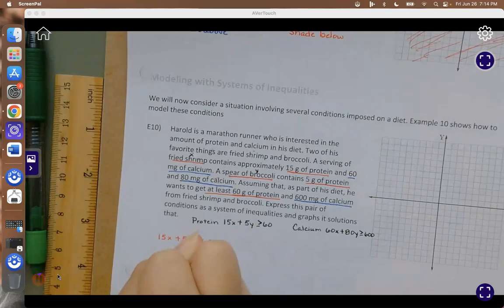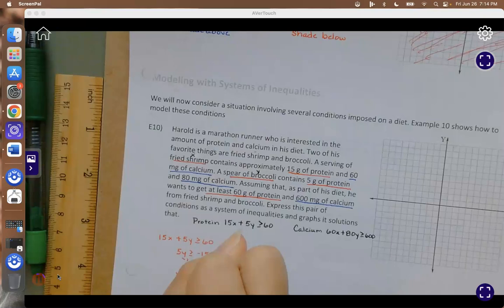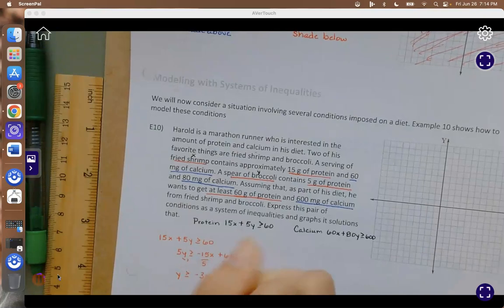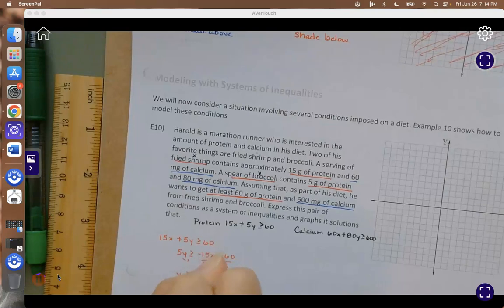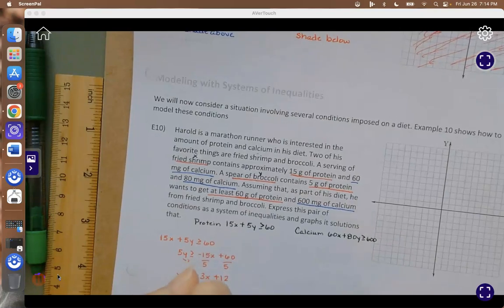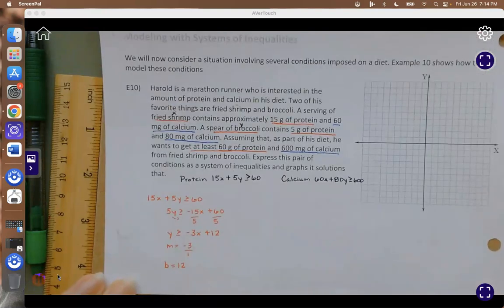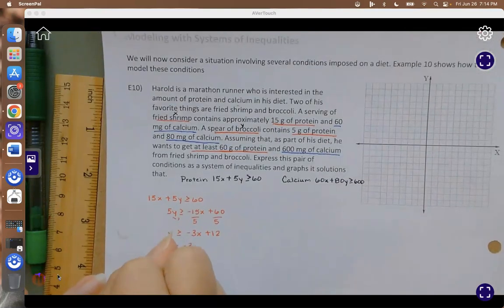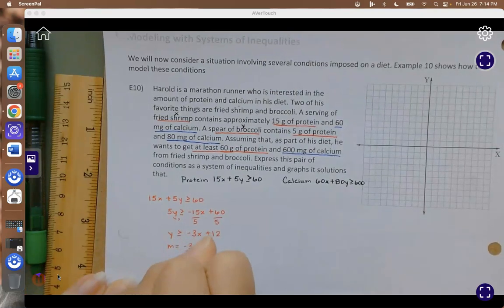That was positive, so we don't need to flip anything. So y is greater than or equal to negative 3x plus 12. M is negative 3 over 1, because remember, we need it to be a fraction. And B is 12. And this is a greater than or equal to, so this is solid and shade above.